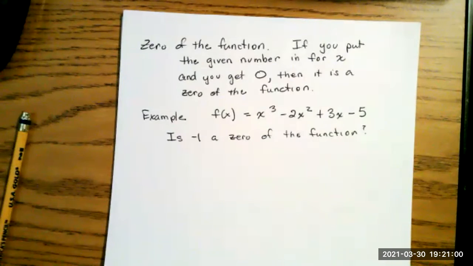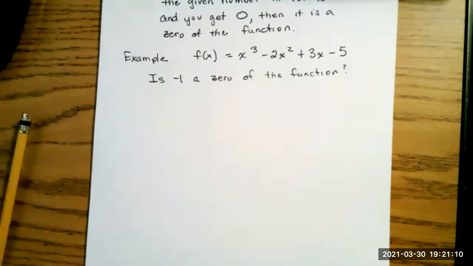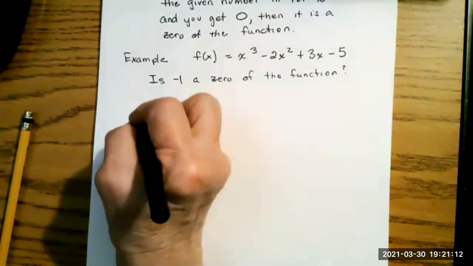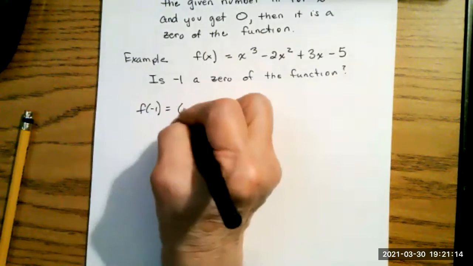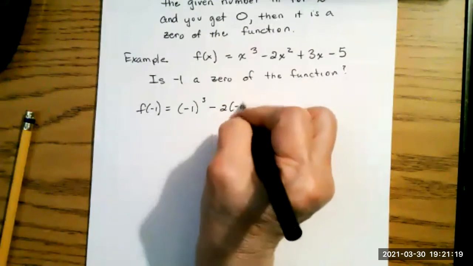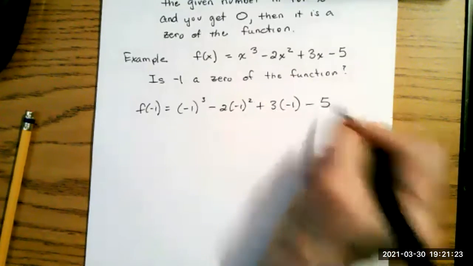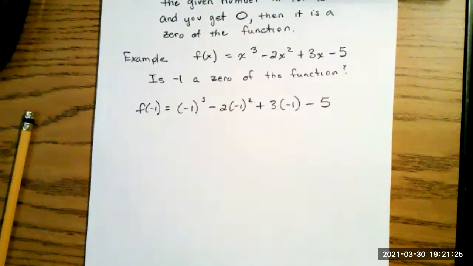What would you do? Anybody know? Plug in -1. You just plug in -1. So I have f of -1 equals (-1) cubed, be sure you put it in parentheses, minus 2 times (-1) squared plus 3 times (-1) minus 5. And all I did was plug in -1 for x.